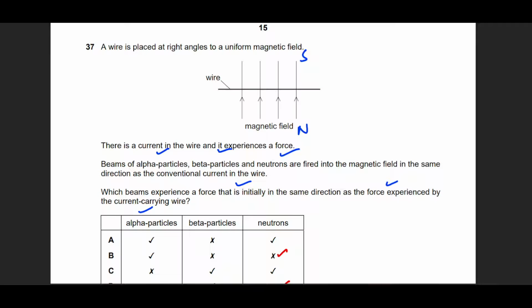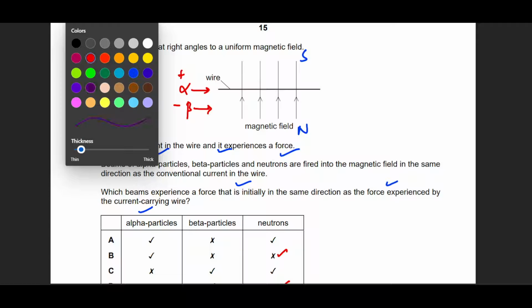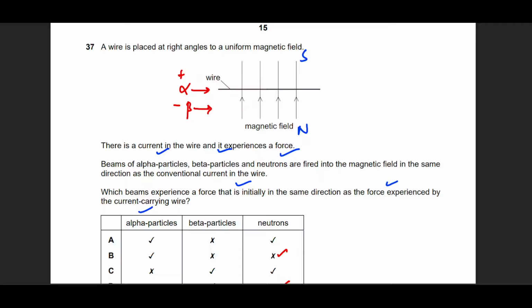So let's say that in this wire direction, the alpha particles were introduced with positive charge and beta were introduced with a negative charge. You have to use Fleming's left-hand rule to figure out the direction of the force on these charges. The first finger would be pointing upwards. The second finger would be pointing towards the right side if I'm taking alpha as the reference.